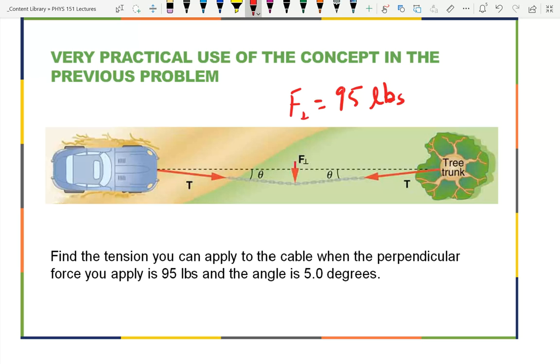Okay, so we've got that force, and we want to find what the tension is, and we have a 5-degree angle. When I do a force problem, as with all problems, the first thing you need to do is draw a diagram. Well, this has a diagram for us.